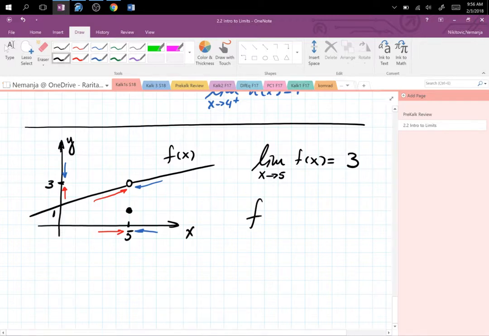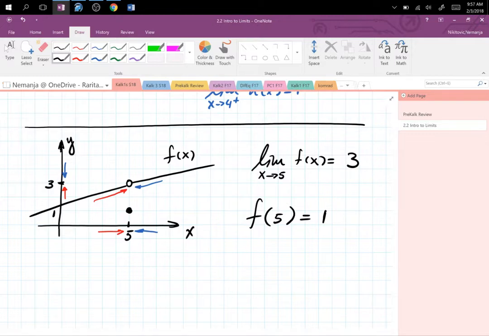What's the function value that the precalculus tells us? 1. Right? Be very careful about this. So you see that the limit computes the y value. But what limit cannot compute is if you have a single point in space that is dislocated like that.